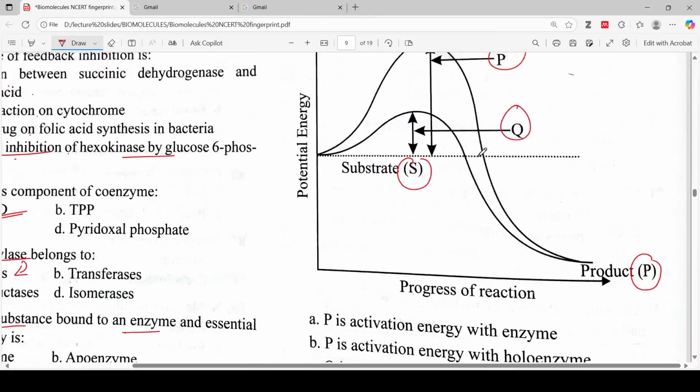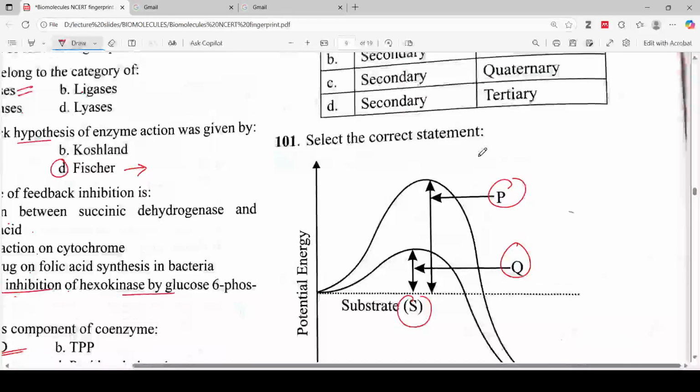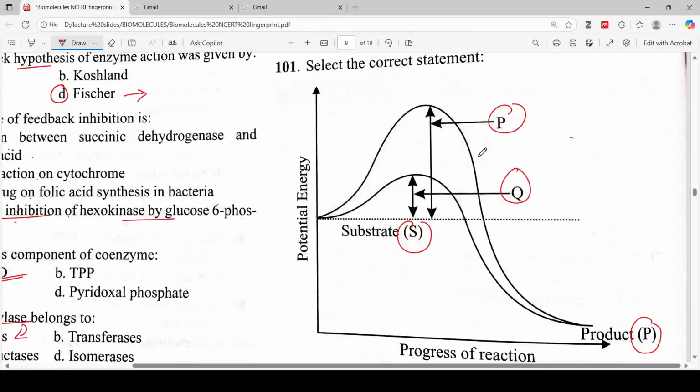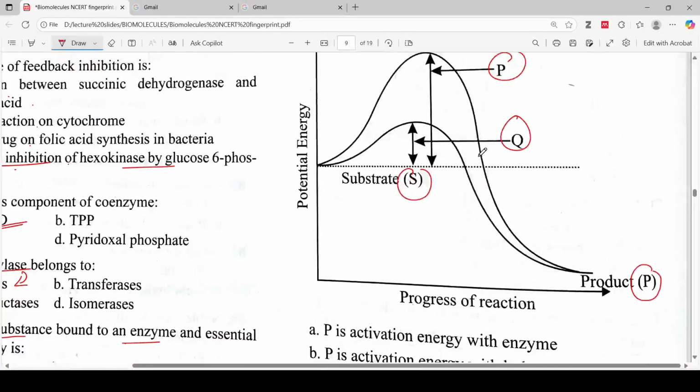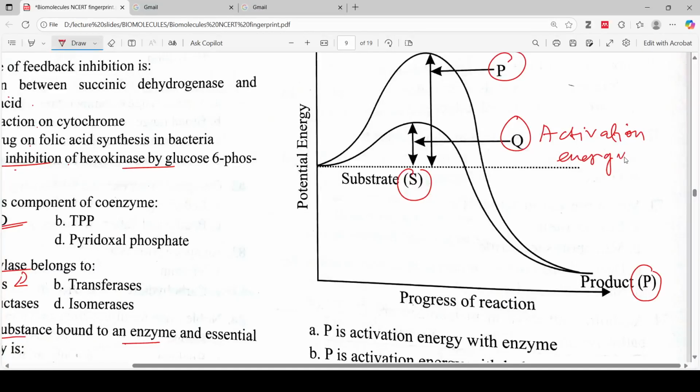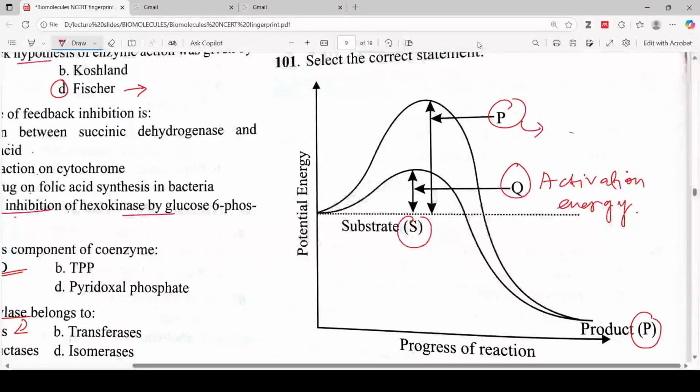The correct answer is Q is activation energy, and P is holoenzyme, because here the activation energy is required to overcome the barrier.